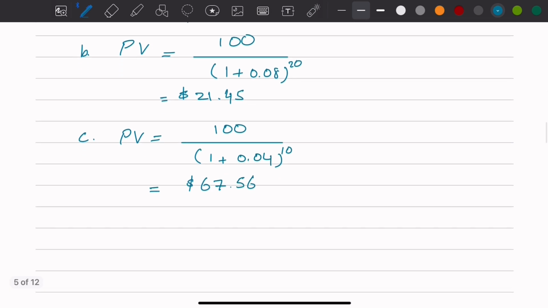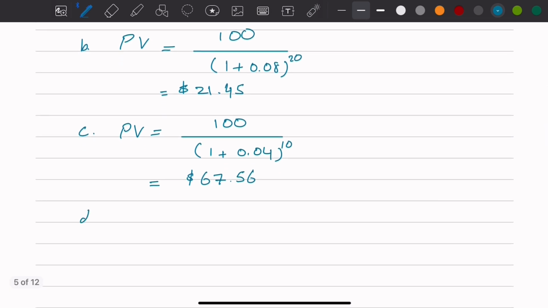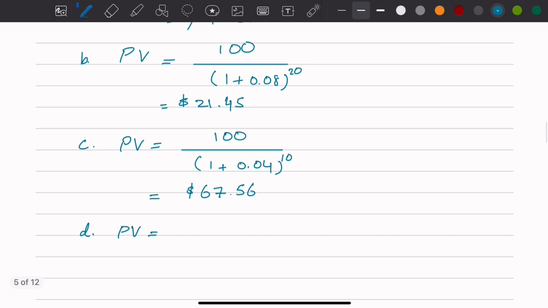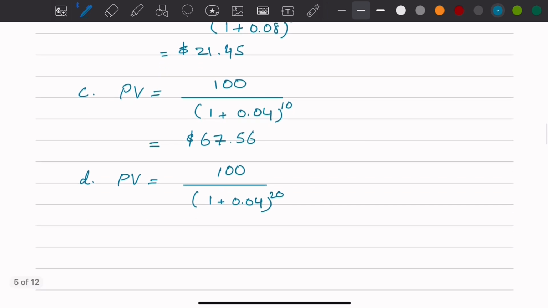Okay. And finally, for part D, the present value will equal, again, we're using a rate of return of 4%, but this time for 20 years. So 100 over 1 plus 0.04 to the power of 20. So we have a longer duration, and that will be $45.64 rounded. Okay.